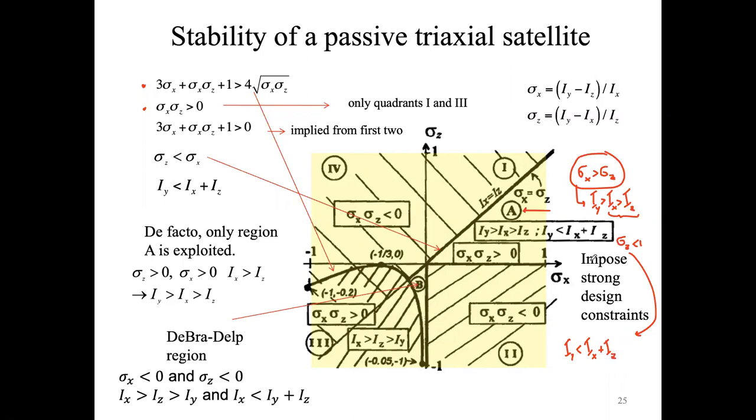And this will provide a tight constraint in the design of the spacecraft. So that means that we have demonstrated that the stability of the system can be achieved by developing the spacecraft in a way that the moment of inertia of the spacecraft will be aligned to the pitch, roll, and yaw axis in the way that we have seen so far.